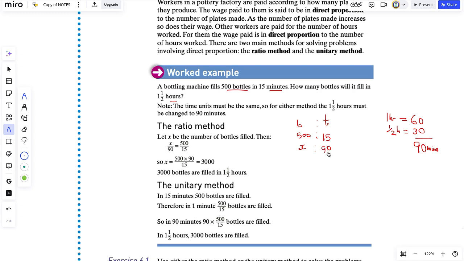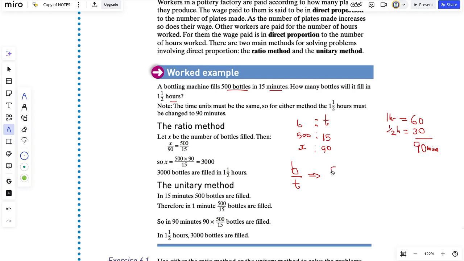So now if you make it a ratio, if you want to put the ratio in fractional form, it's like B over T, bottle over time. Now let's make it the first one. 500 bottles were done. What was the time? 15 minutes.